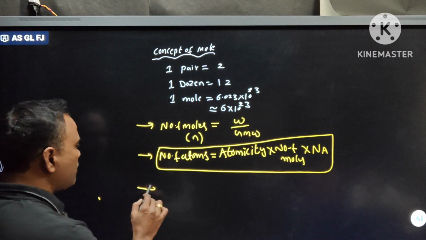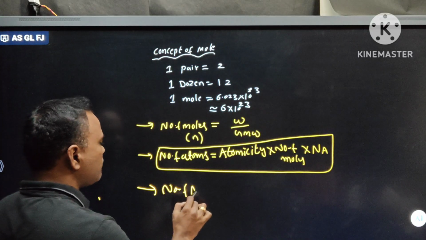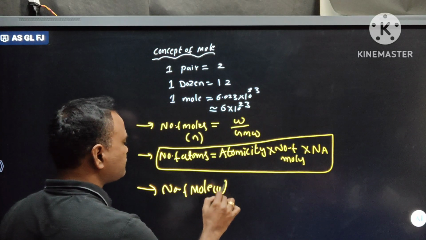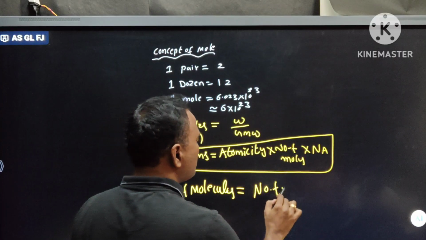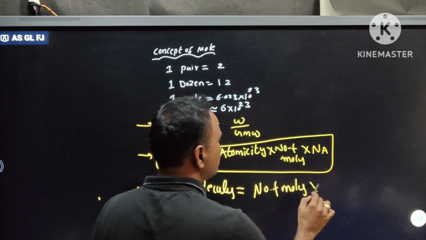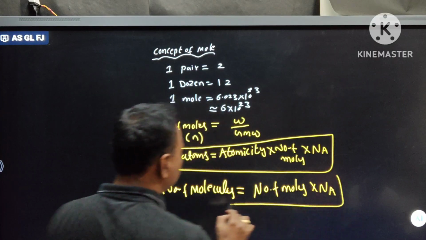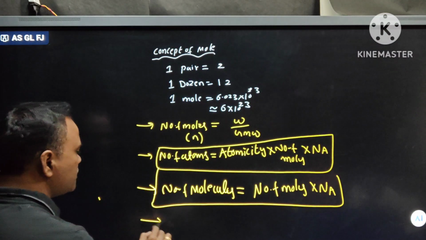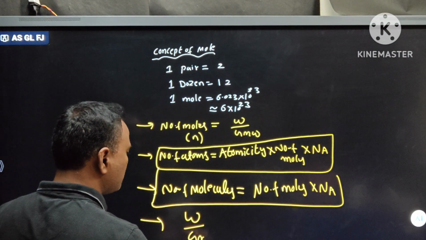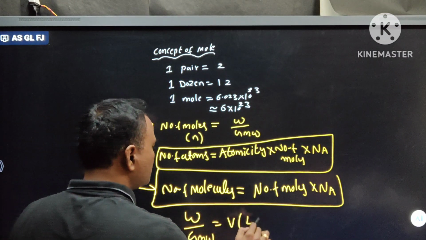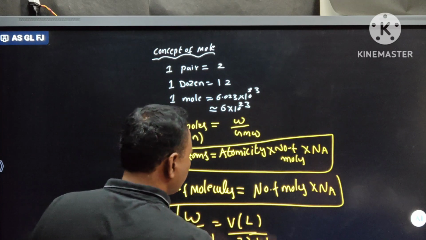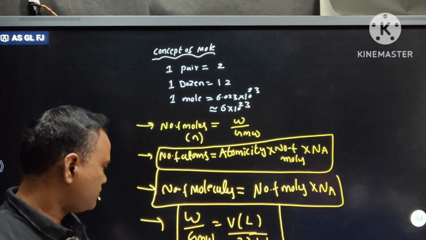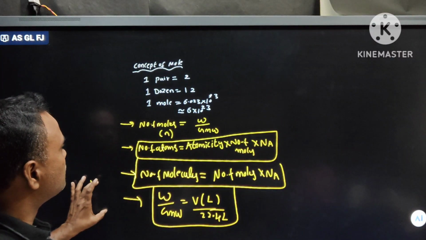Next, number of molecules is equal to number of moles, N, into Avogadro number. Another relation: weight by gram molecular weight is equal to volume in liters by 22.4 liters. Weight and volume relation.